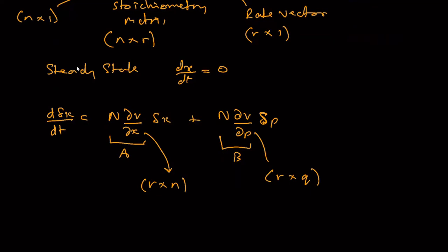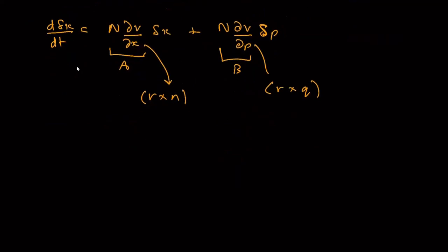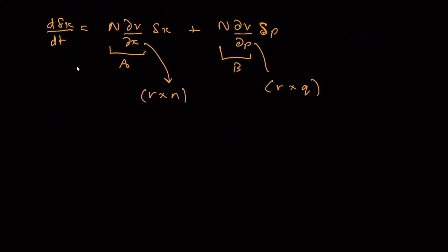Now I want to take this into the Laplace domain. If I do that, I get the transfer function, H of s, equals (sI minus N dv by dx) inverse, times N dv by dp.